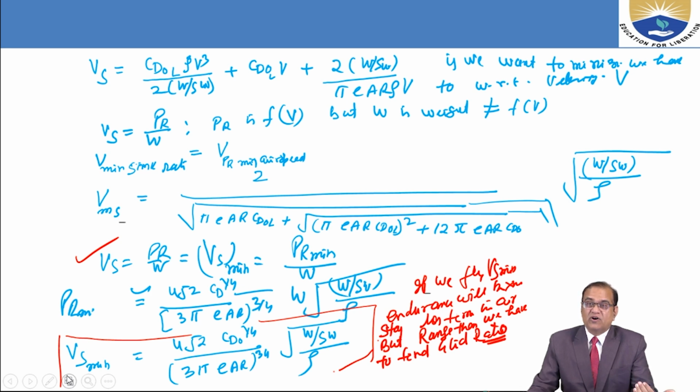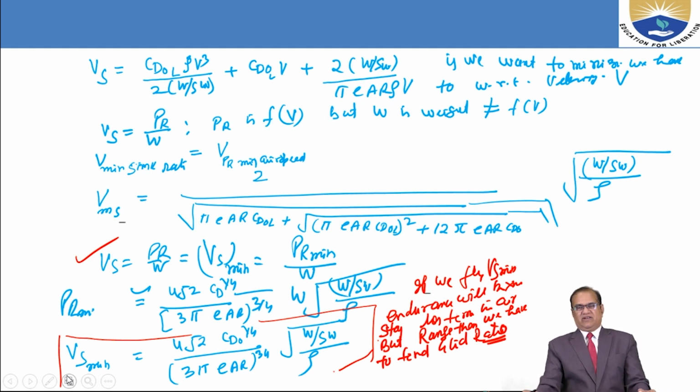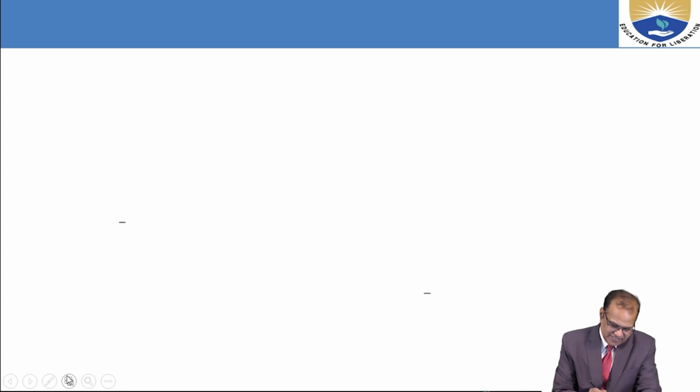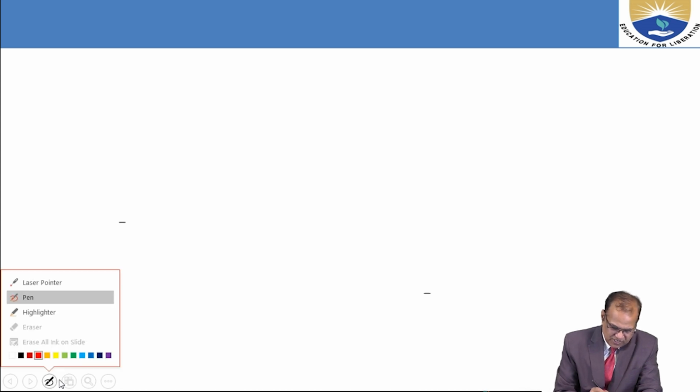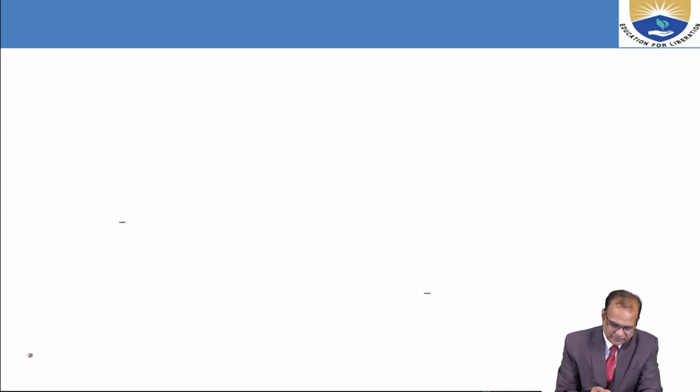But if you want to find out how much distance it will cover, which is the best distance, then we have to see the glide ratio. So here we will discuss the next topic, which is the glide ratio.